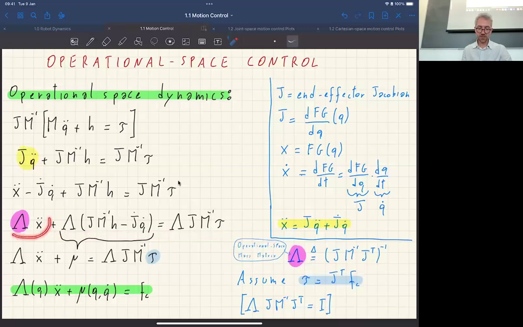And we already see that here we have something that is very similar to what we had in joint space. So we have the product between the accelerations and the mass matrix. Good. The second term, I'm going to call it mu, and it's going to act basically as the term h in the original expression.